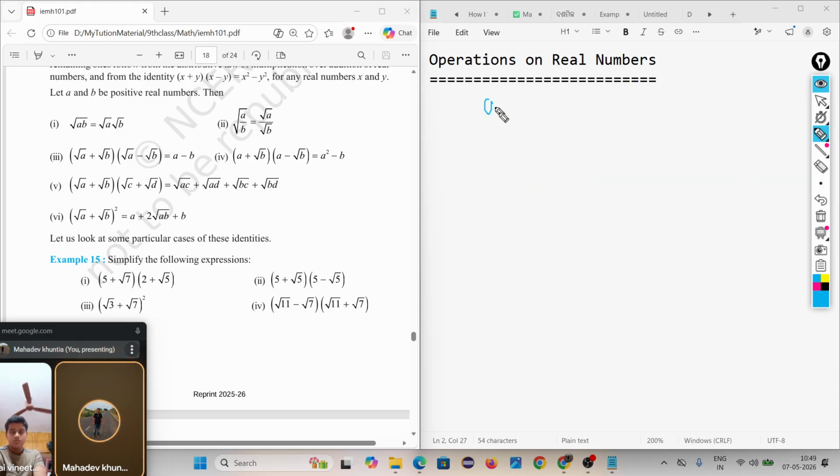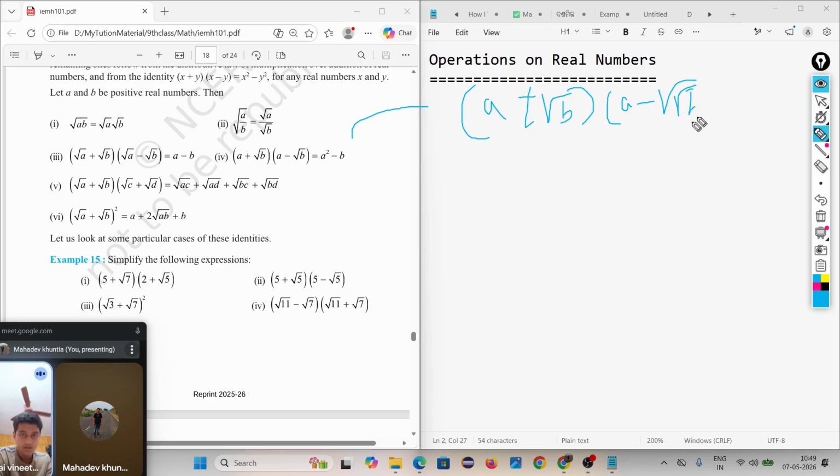Then the next will be the fourth one: A plus root B into A minus root B. Look, you have to multiply A into A, A square.